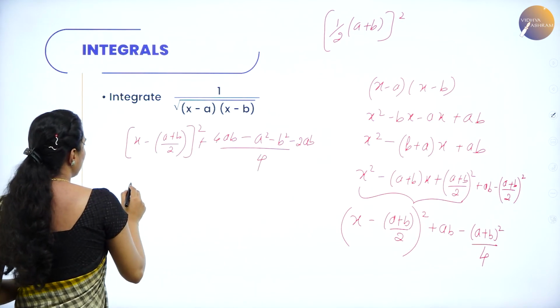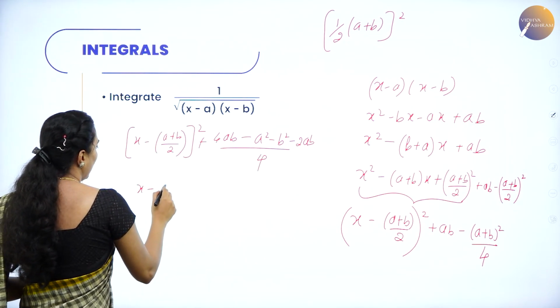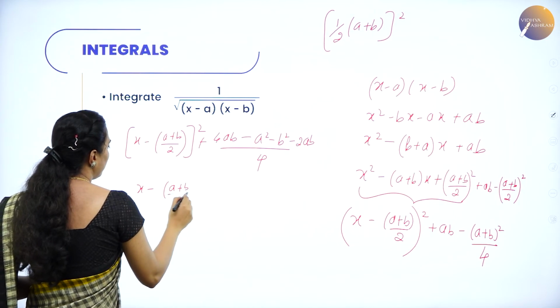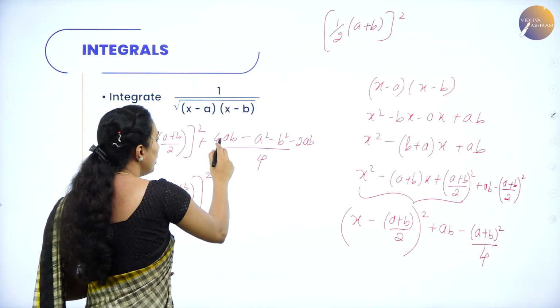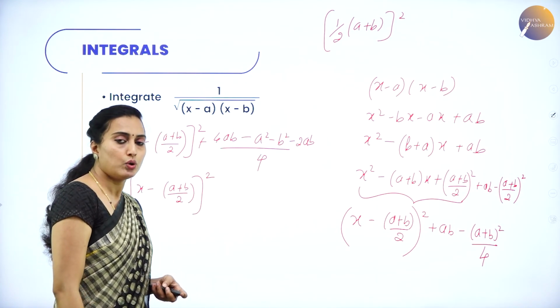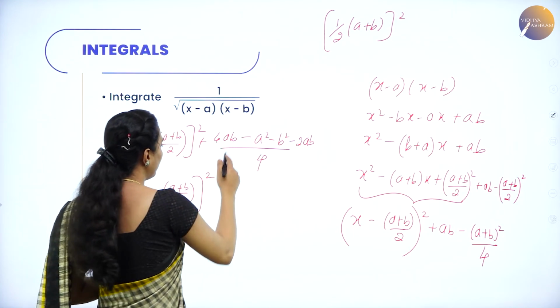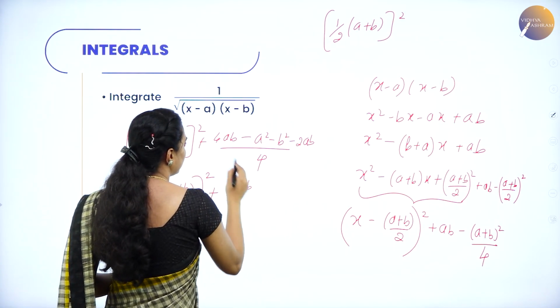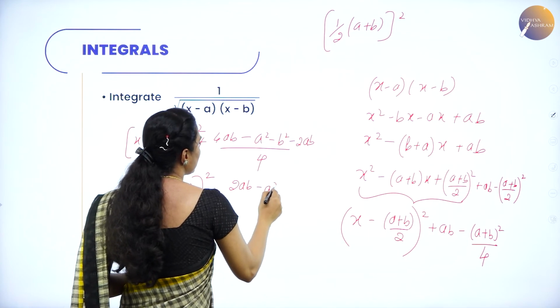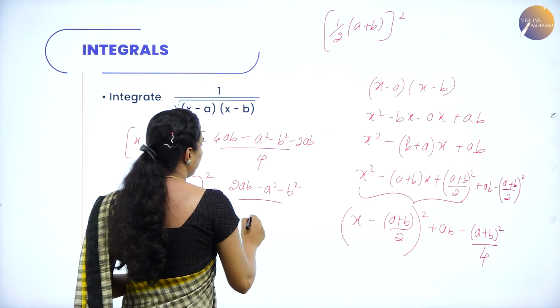Now this becomes 4ab minus 2ab, which is plus 2ab. Therefore, plus 2ab minus a squared minus b squared divided by 4.